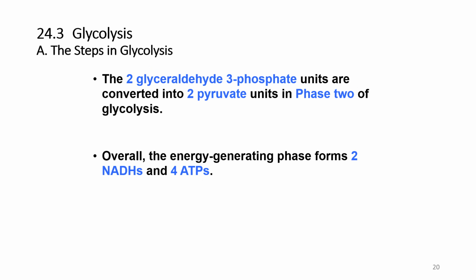So the second phase essentially summarized: 2 glyceraldehyde 3-phosphates are converted to 2 pyruvates, and from those 2 glyceraldehyde 3-phosphates we form 2 NADHs and 4 ATPs.